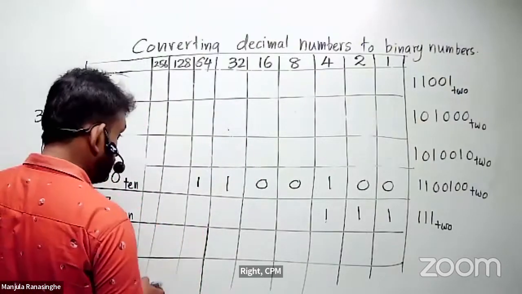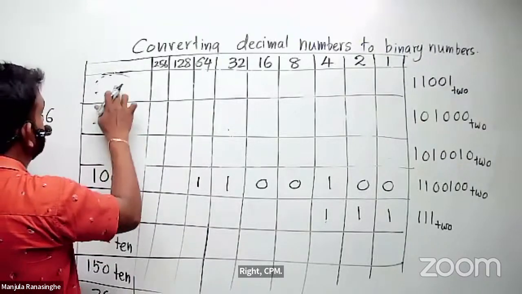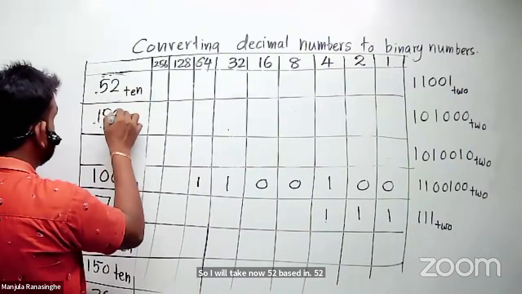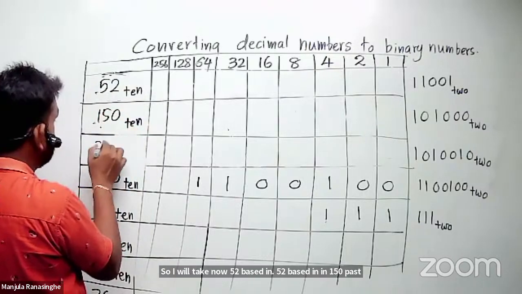So I will take now 52 base 10, then 150 base 10, and here 36 base 10.